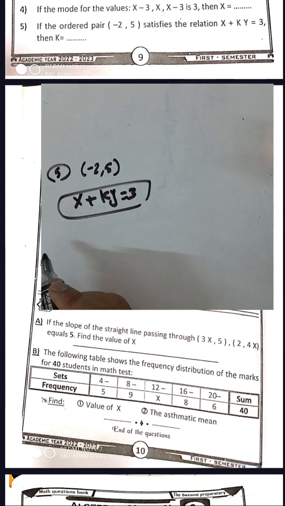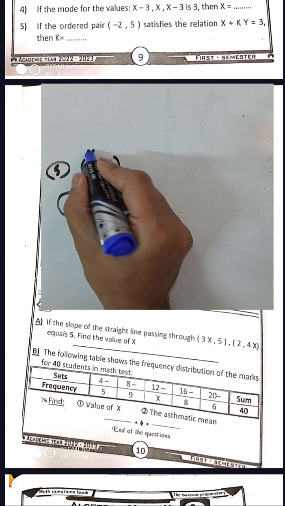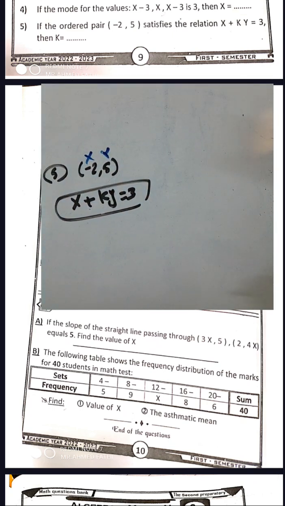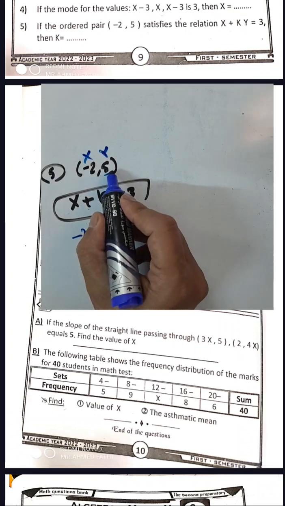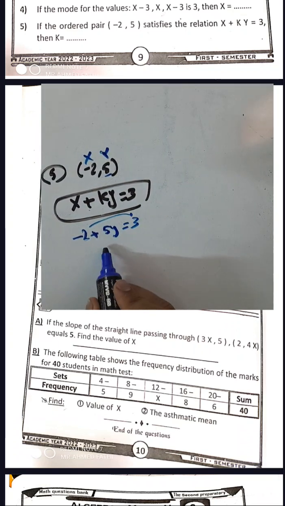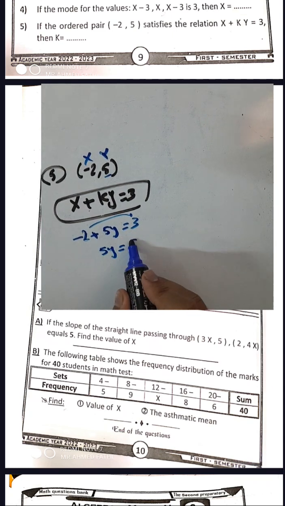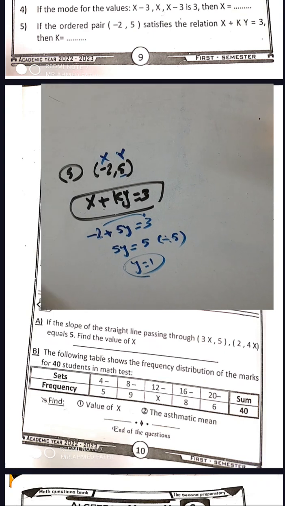Put the point -2 and 5 in this equation because this point satisfies it. Put x equal -2 and y equal 5. Then -2 plus k times 5 equals 3. Move -2 here, then 5k will be 3 plus 2 equals 5, and then divided by 5, then the value of k here equals 1.